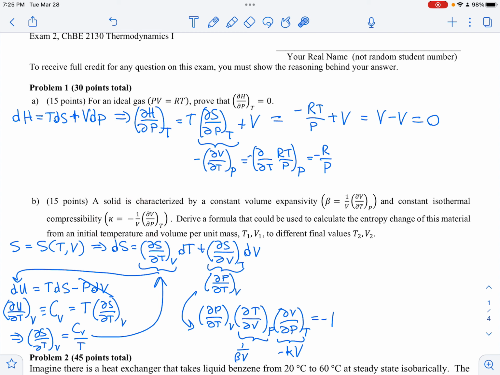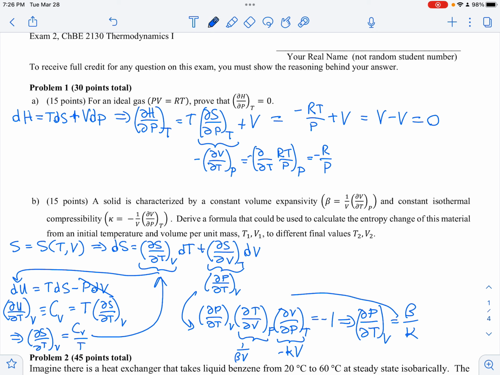Okay, we're getting somewhere. If you then solve, you'll find that dP/dT at constant V is going to equal beta over kappa. Notice that the V's cancel in these two terms. So this is actually minus kappa over beta, but you have a minus 1 here, so when you move it to the other side, it's going to become beta over kappa.